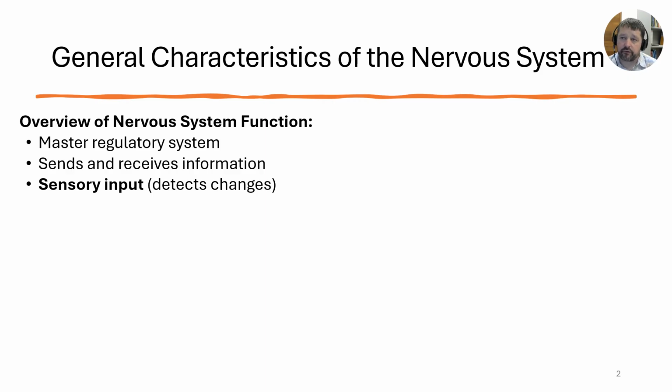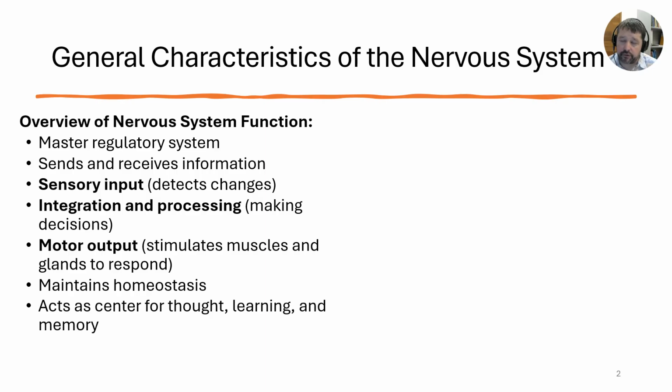It could also detect outside sources: heat, touch, cold. It can detect really any kind of sensory input that you can think of: vision, smell, hearing, taste. These are all sensory inputs that are part of the nervous system.